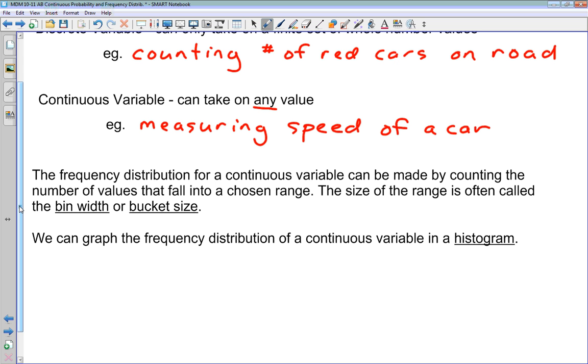The size of the range is up to us, but it's often referred to as the bin width or the bucket size. We'll encounter that term in a practical situation when we make a histogram. And what is a histogram? It's basically just a graph of the frequency distribution of a continuous variable.